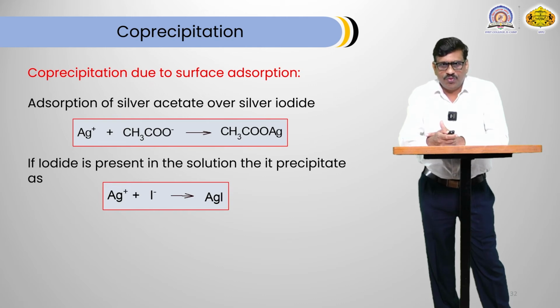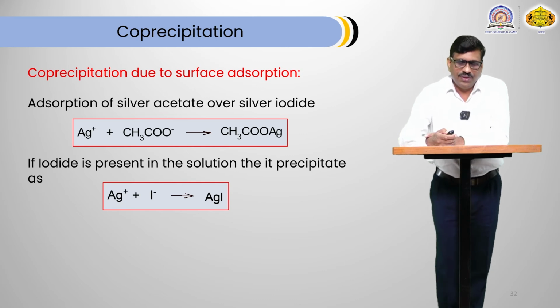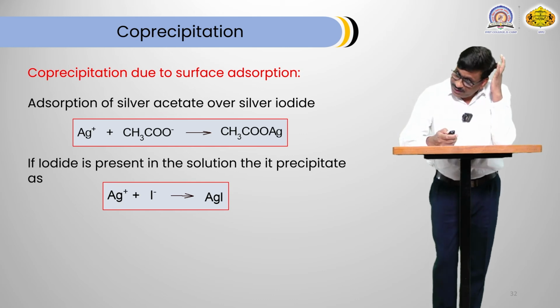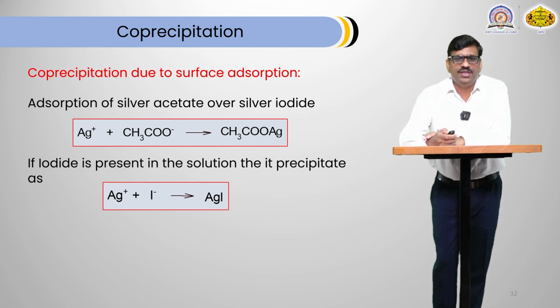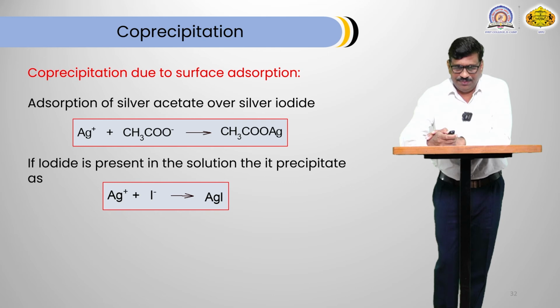Another example of co-precipitation due to surface adsorption. Ag+ and acetate combine to form silver acetate as a precipitate. Now if iodide ion is present in that solution, then Ag+ can combine with I- to produce AgI precipitate.